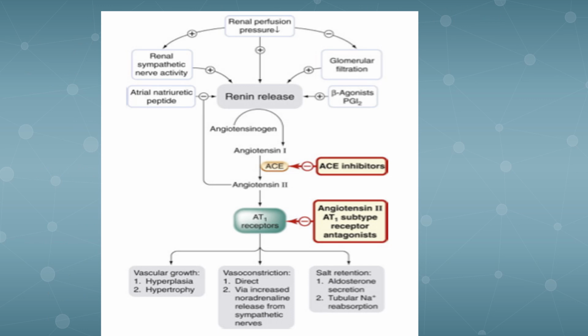This is again the same diagrammatic representation of the renin-angiotensin aldosterone system. The only thing you can see here is the atrial natriuretic peptide. This atrial natriuretic peptide inhibits the release of renin, so the further actions of angiotensin are inhibited.